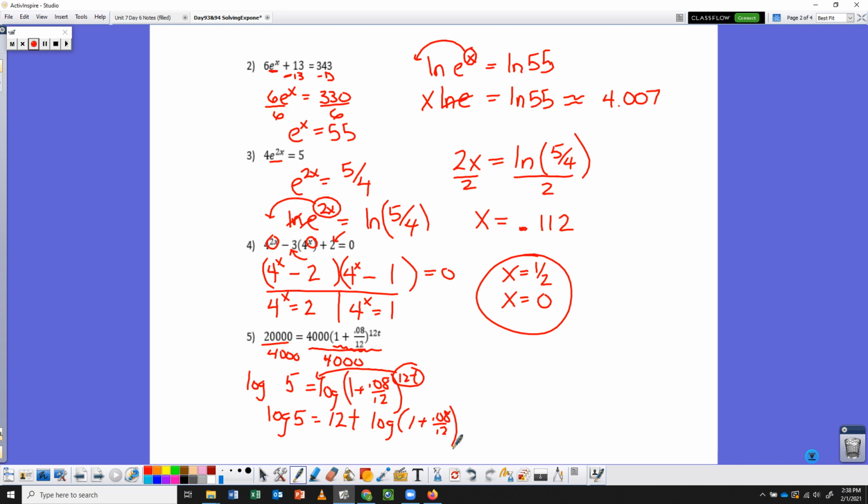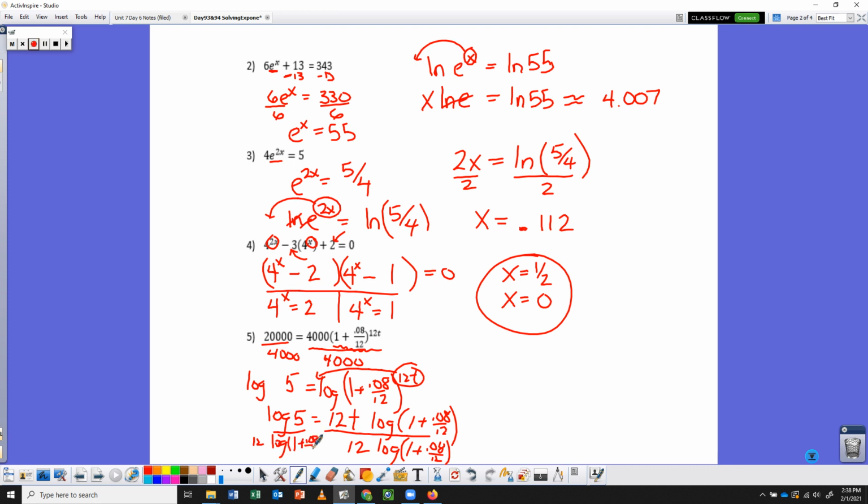Now at this point, everything's on just the normal equation line, and you can now get t by itself by dividing both sides by 12, and also dividing both sides by the log of this 1 plus 0.08 divided by 12. Whatever you do to one side, you have to do to the other side.